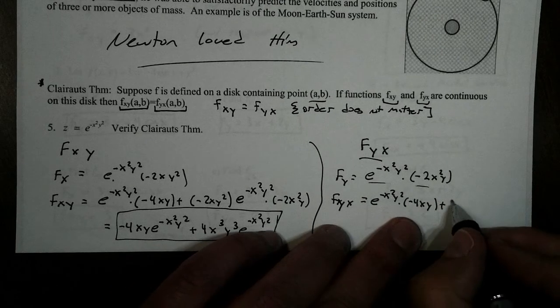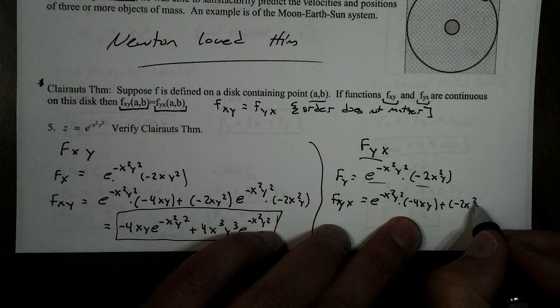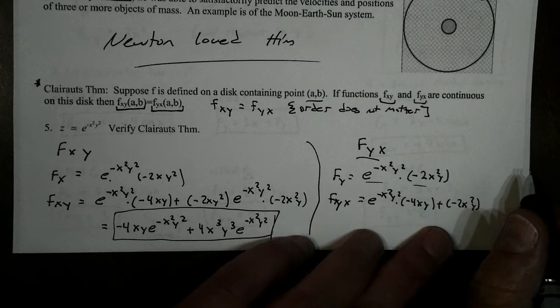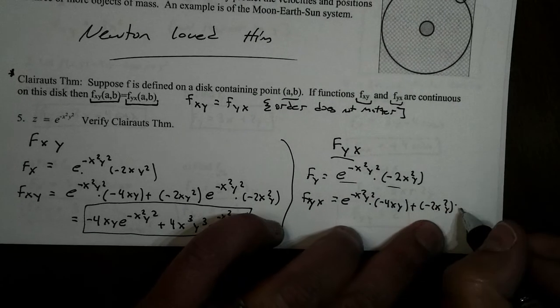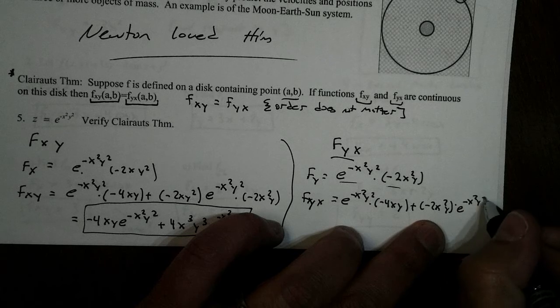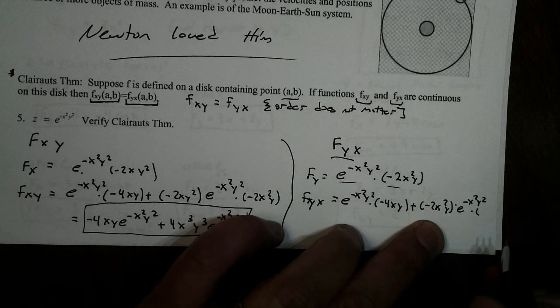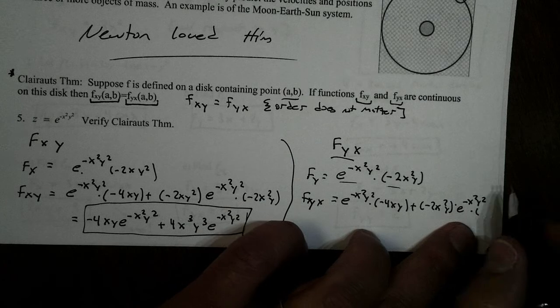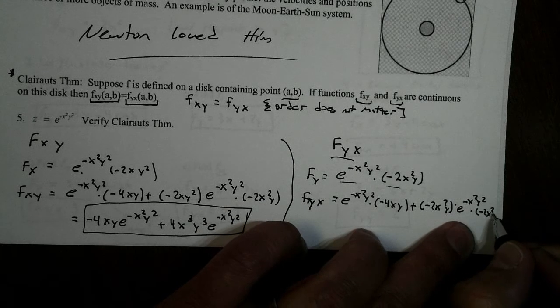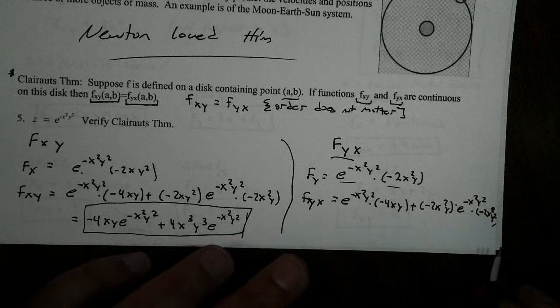plus the second, negative 2x squared y, times the derivative of the first, which is e to the negative x squared y squared. Again, chain rule, ran out of room. With respect to x, we get negative 2x y squared. Oops, sorry, ran out of room there.